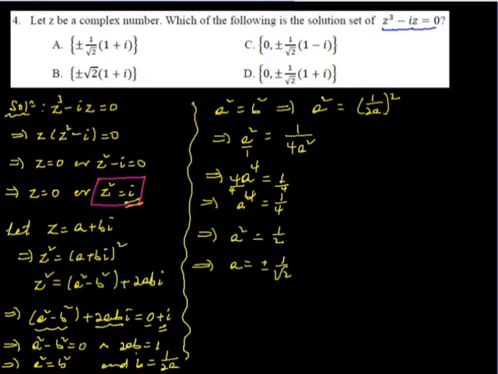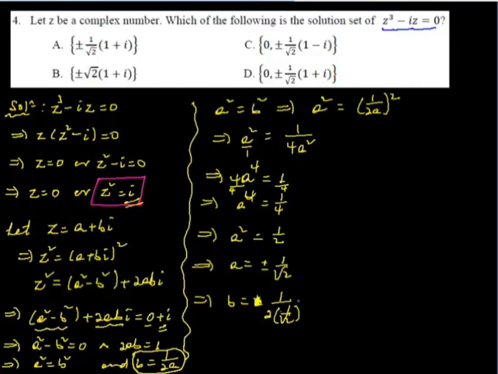We know that b is 1 over 2a. So you can get b is equal to plus or minus 1 over 2 times a, which is 1 over 2 times plus or minus 1 over radical 2.